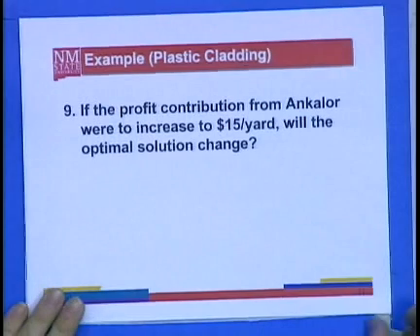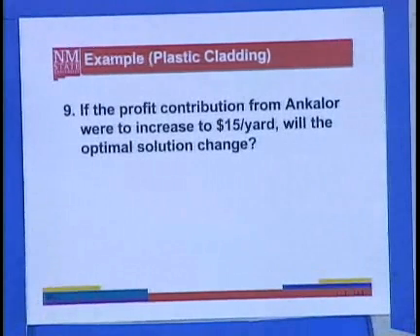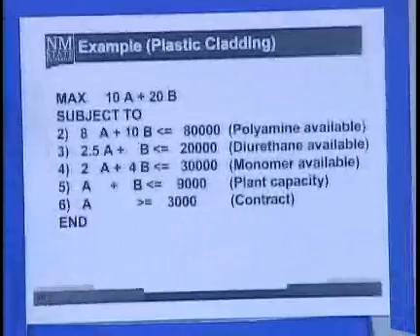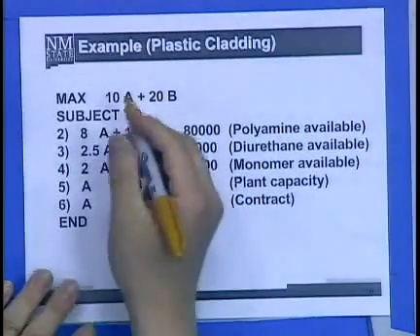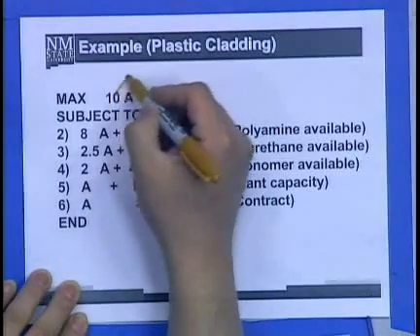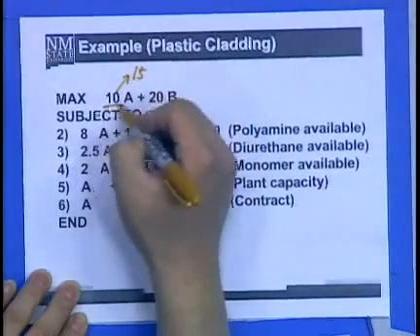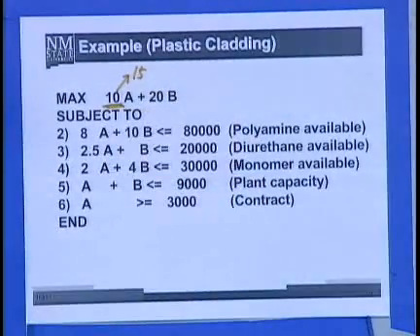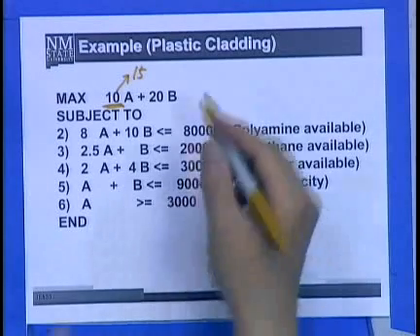This is a very similar question. The profit of Encaler has been changed to $15 from $10 per yard, an increase of $5.